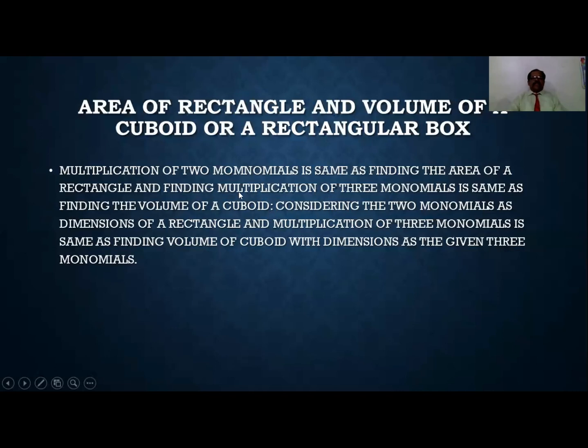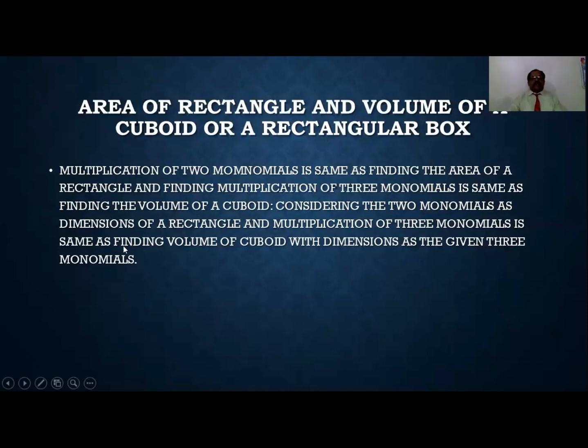These are the three dimensions of a cuboid. So we can say the two monomials are the dimensions of a rectangle, and multiplication of three monomials is the same as finding the volume of a cuboid with dimensions as the given three monomials, right? Considering each monomial as a dimension of the rectangle or cuboid.